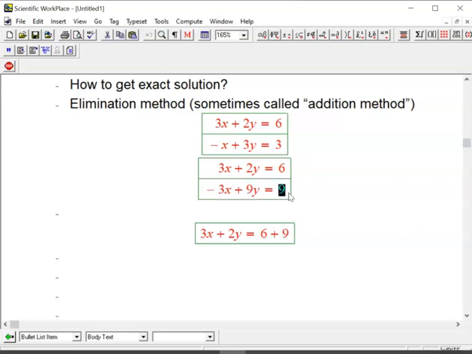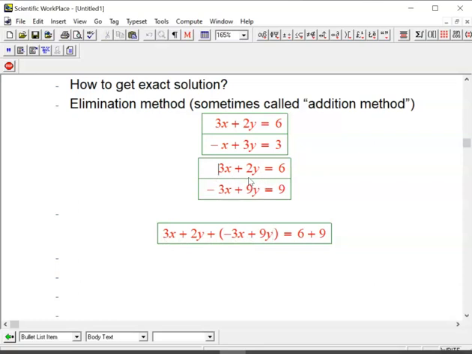This equation says I'm only interested in x-y pairs such that this combination of x and y is equal to 9. So I can totally add these guys to these guys.